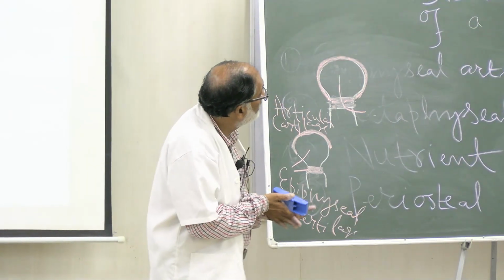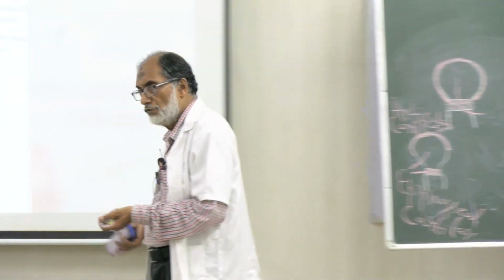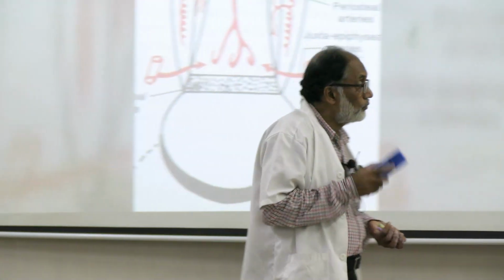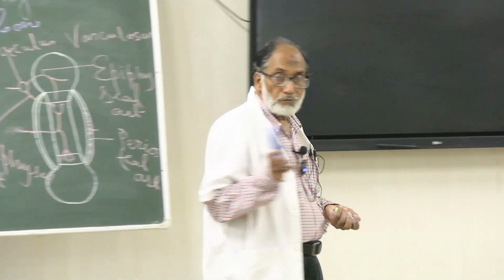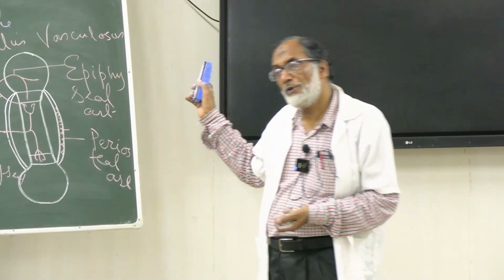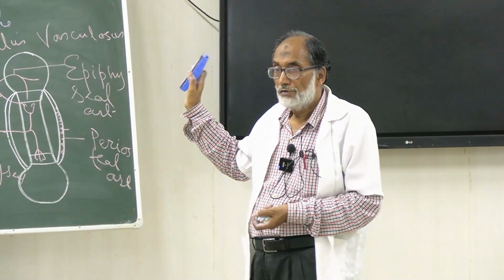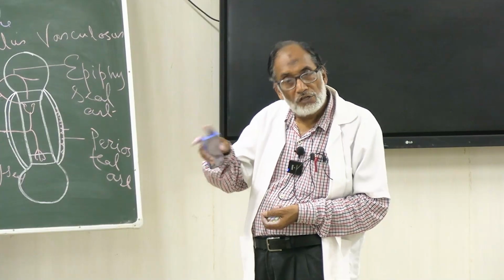Now, these are the arterial supply of a long bone, right? Each artery is accompanied by a corresponding vein. You should write this line also. Each artery is accompanied by corresponding vein.